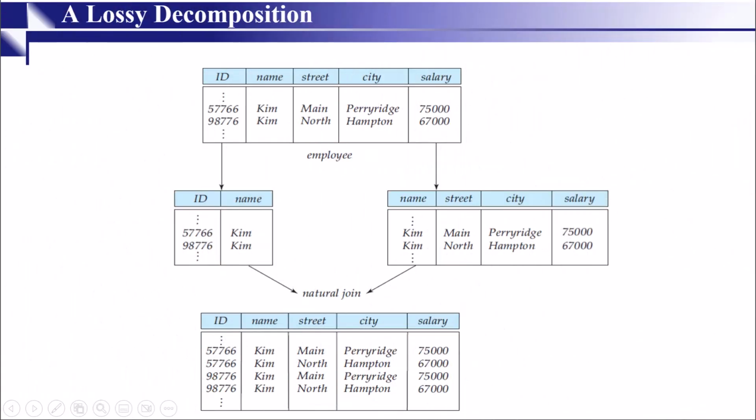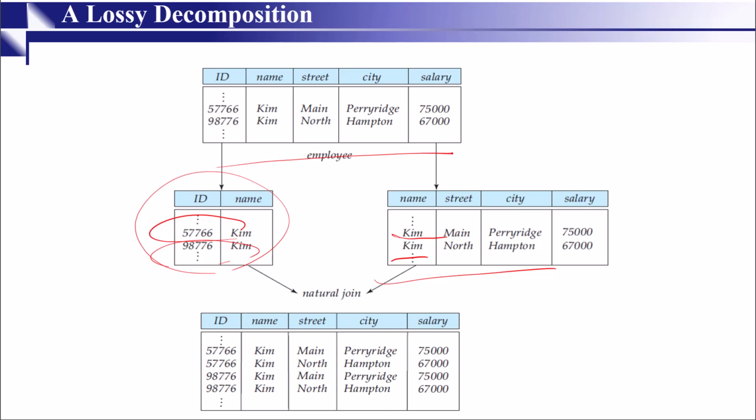Decomposition may result in loss of information. Here is an example of lossy decomposition. It means we are splitting a table in a way that causes problems. So this is our table and we have split it into two tables. As we can see here, the two original tuples appear in this one and this one in the result, along with two new tuples that incorrectly mix data values pertaining to the two employees named Kim. Although we have more tuples, we actually have less information.